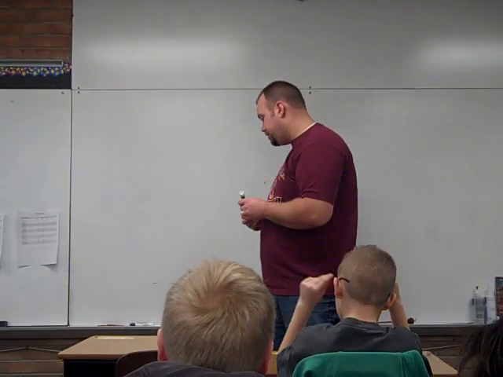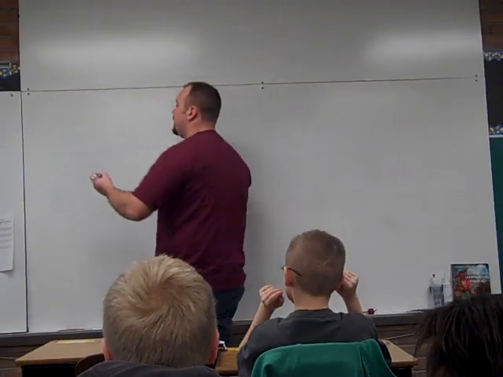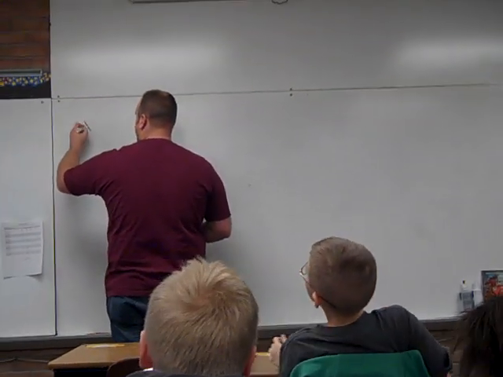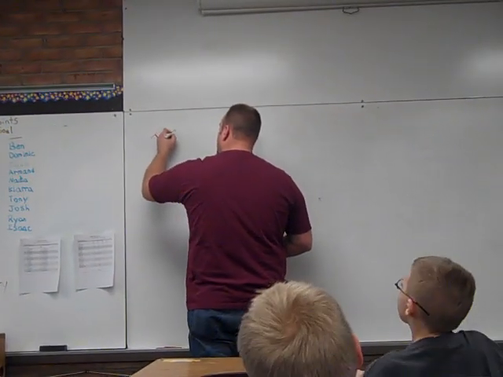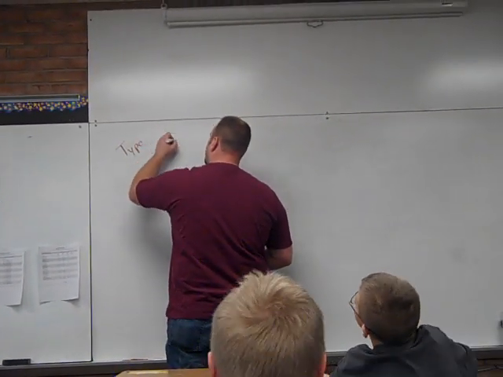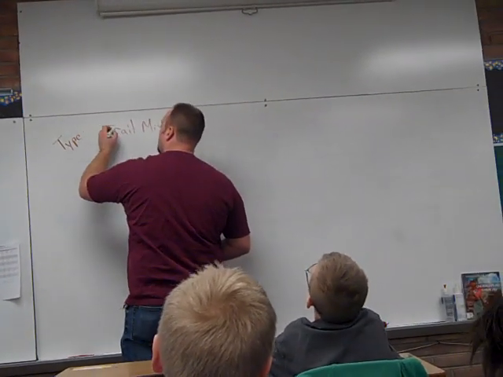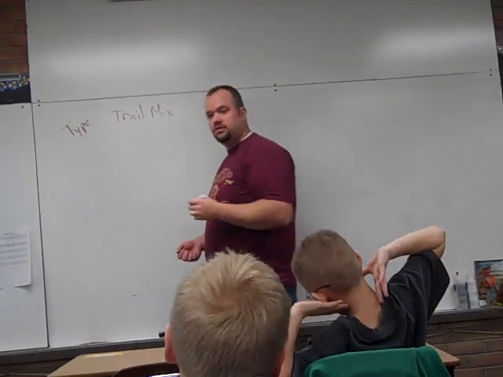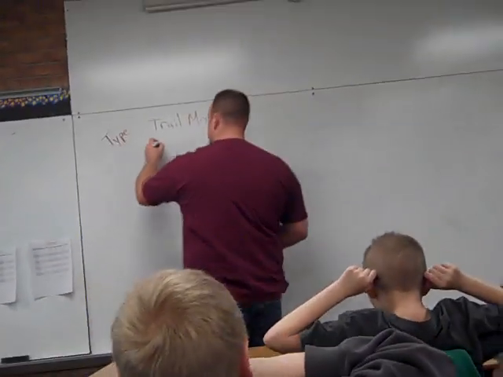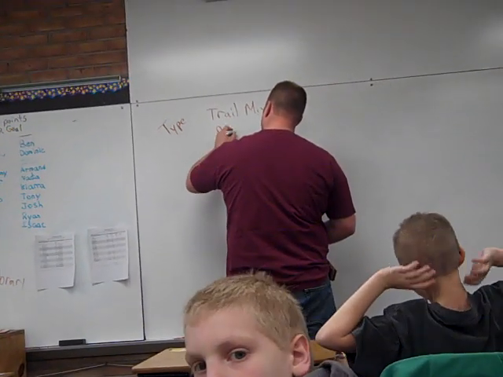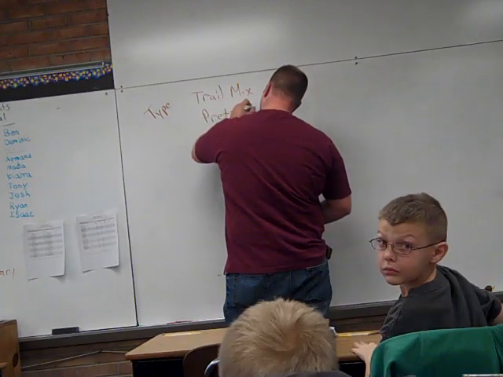Okay, so what do we know from there? Connor. He can have trail mix or pretzels. Okay, so we got a type choice. We can either do trail mix or pretzels.